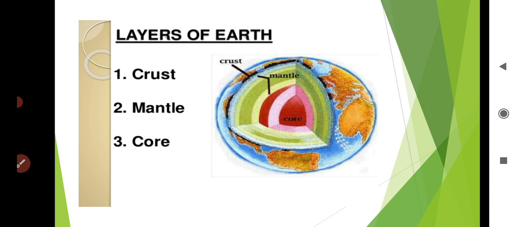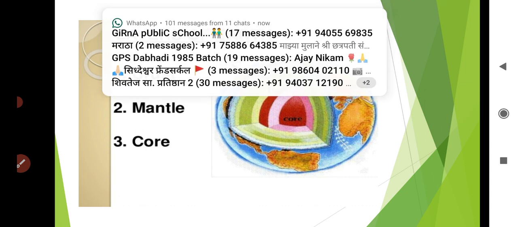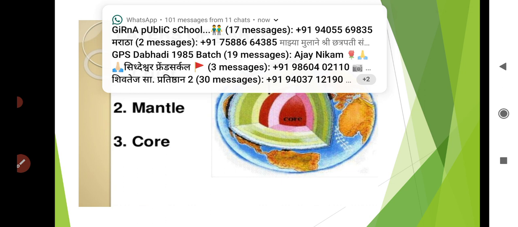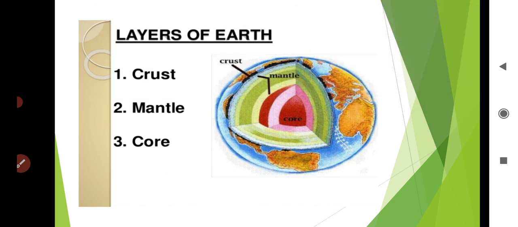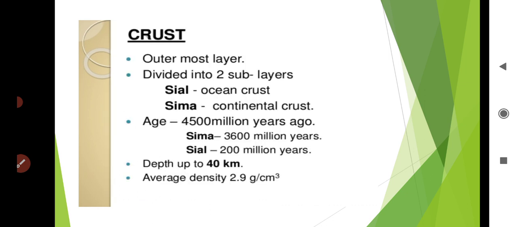Somewhere it varies around 22 km and somewhere 40 km. The maximum thickness is found beneath the fold mountain ranges of the world, namely the Himalaya and the Andes, and much less near the open oceans. And hence the lithosphere is made up of two layers, namely Sial and Sima.